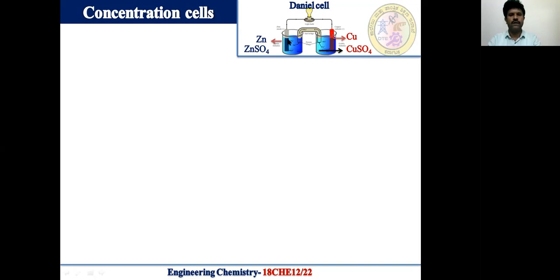I will repeat: in Daniell cell, anode and cathode are made up of different metals immersed in different electrolyte solutions. And this cell works due to the difference in electrode potential of anode and cathode materials.